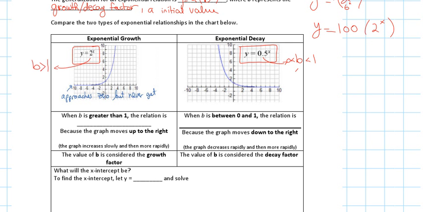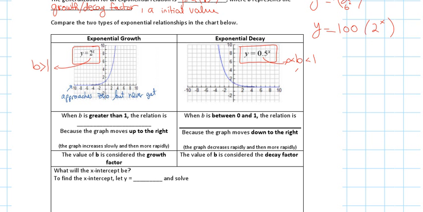So if your base is between 0 and 1, so if your base is a 0 decimal something, we know right away that this is an exponential decay. If your base is greater than 1, then we know it's an exponential growth. Okay, so these are your two differences here.